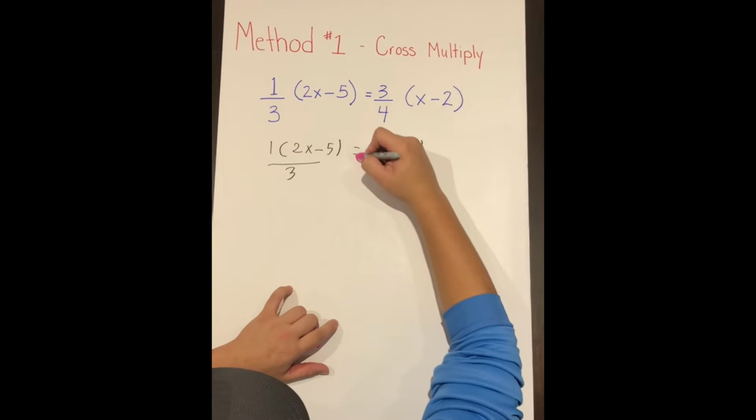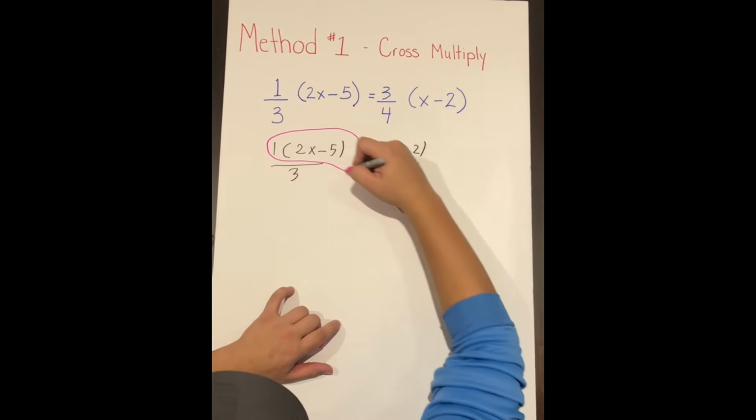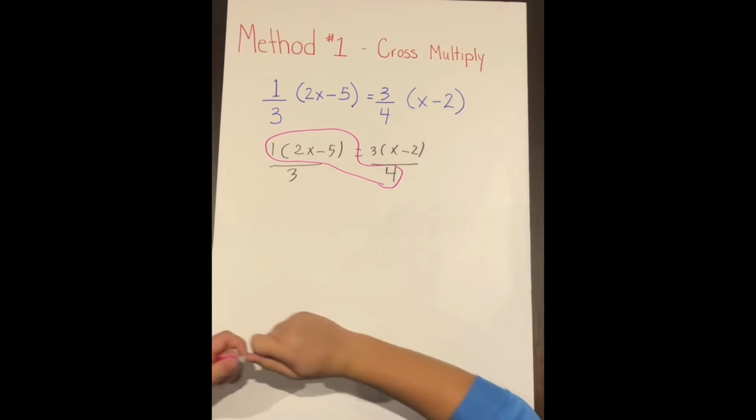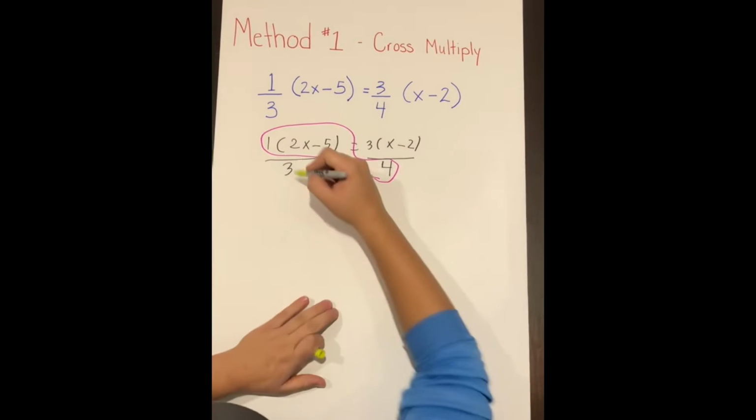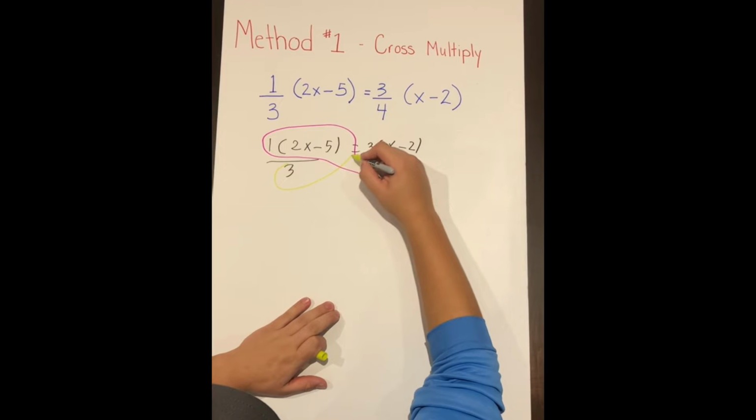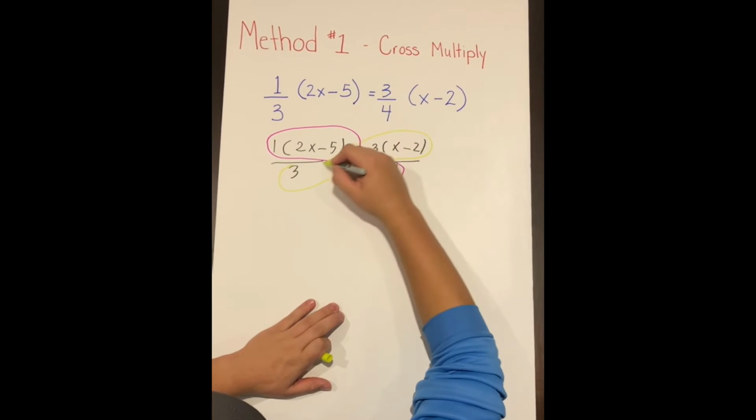This would cross multiply with this, and this would cross multiply with this.